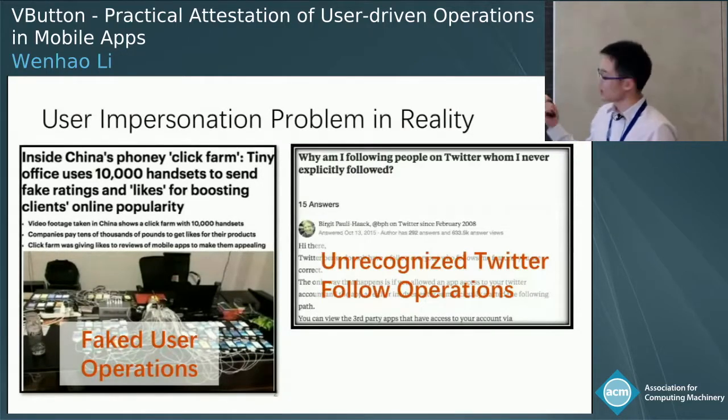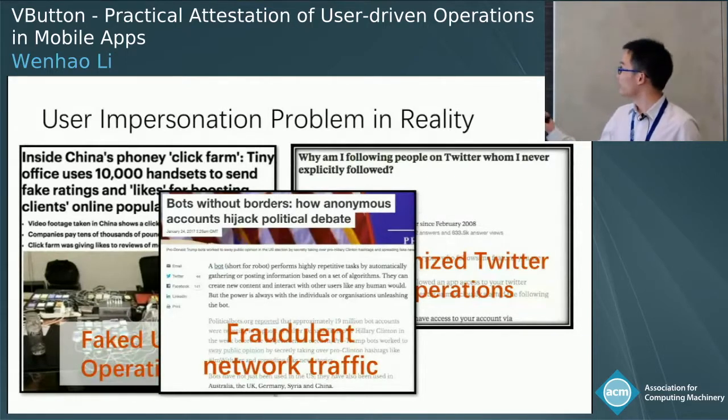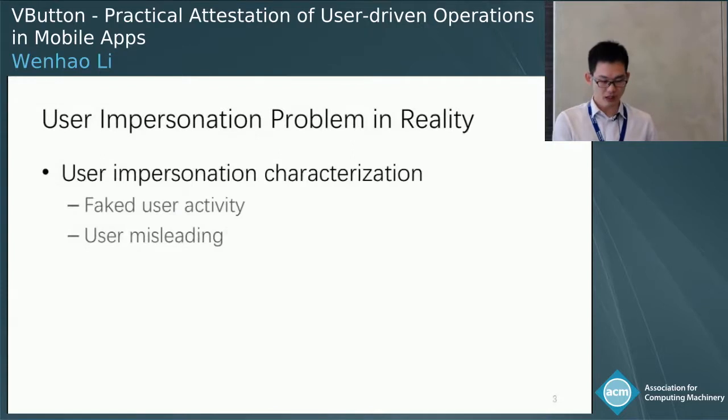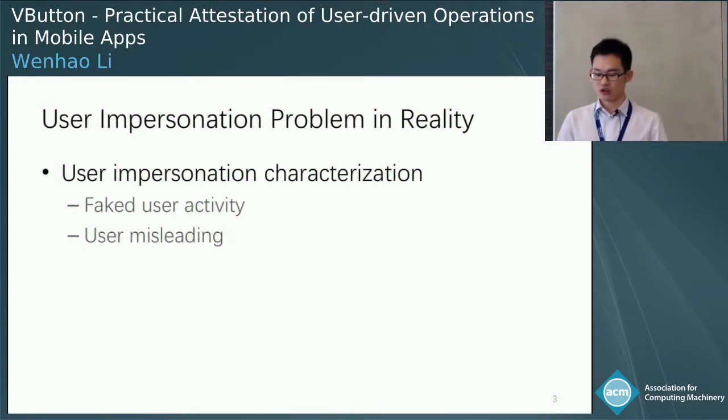And the second picture shows that many Twitter users found themselves following some unknown Twitter accounts that they did not recognize. And the third picture shows that there's a bot network that simulates user activity to affect the political debates. So user impersonation occupies huge revenue in the internet.